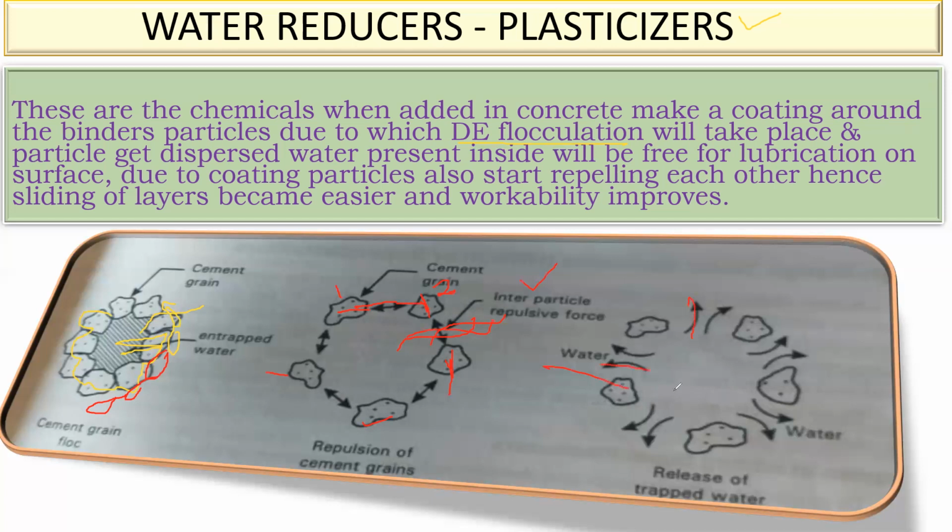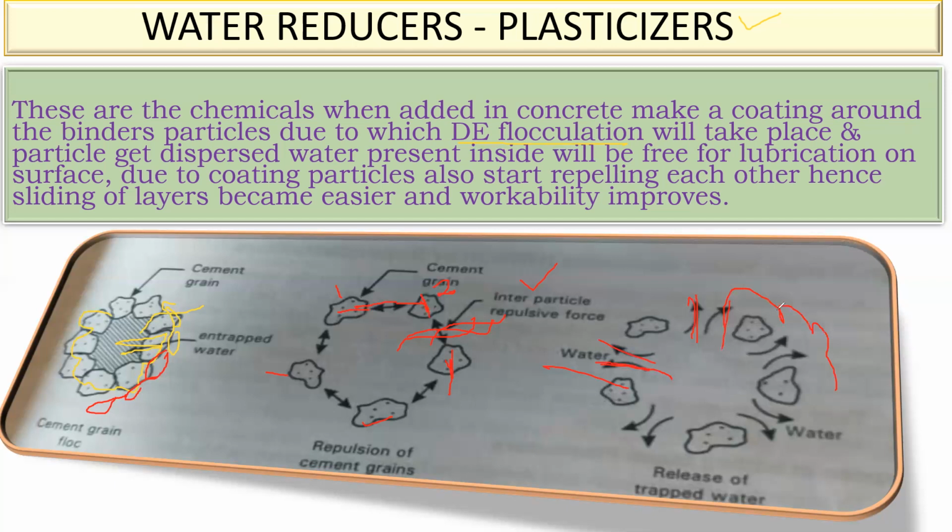This water, which was actually not available, by adding a plasticizer is now coming out. The water which was of no use to me is now available, and it will help us in binding all the cement particles.